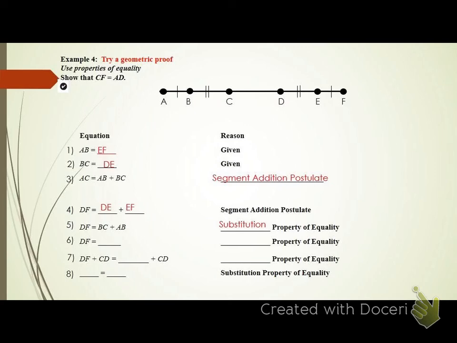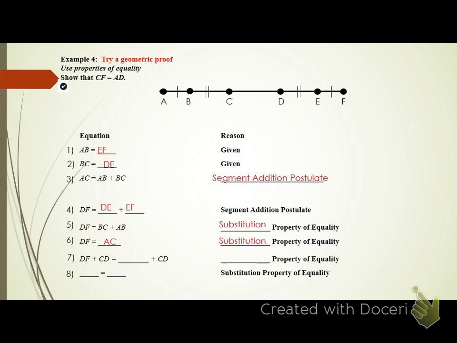Now, because DF equals BC plus AB, and BC plus AB shows up right here, then we can go ahead and replace BC plus AB with AC. We're doing substitution again. Only now we're taking two things that are being added together and substituting it in with one thing, the AC. And that's by substitution.